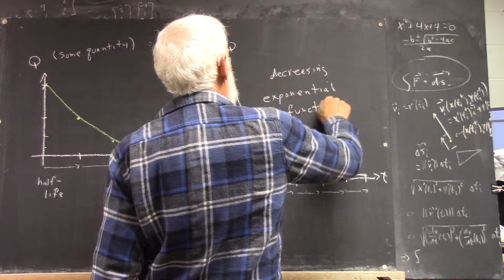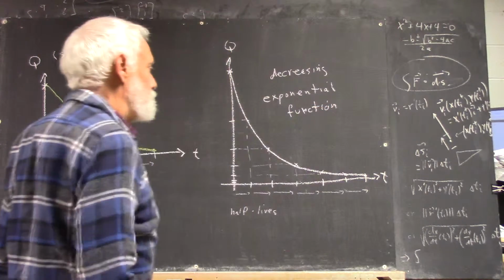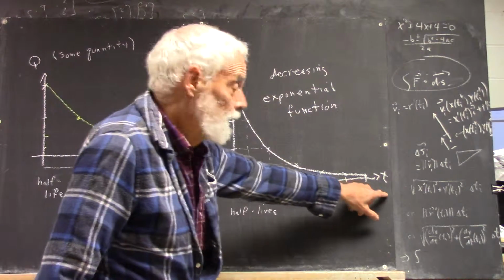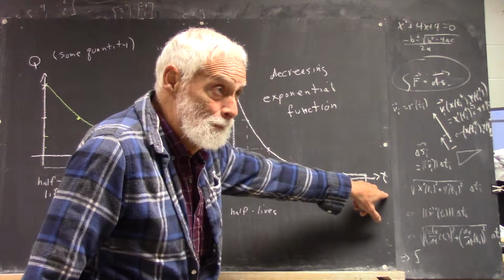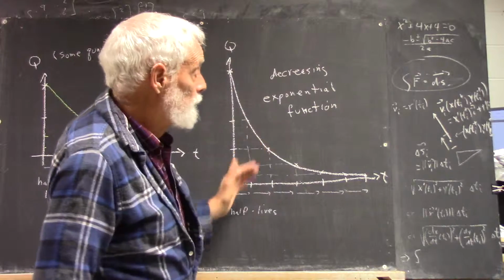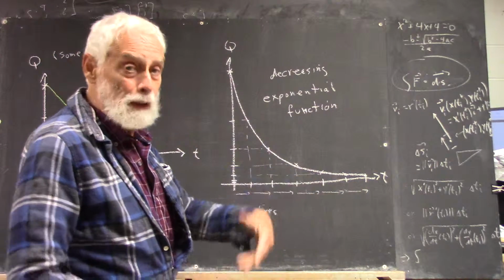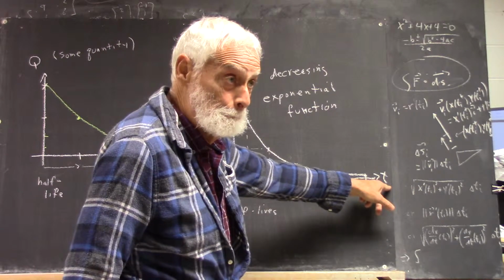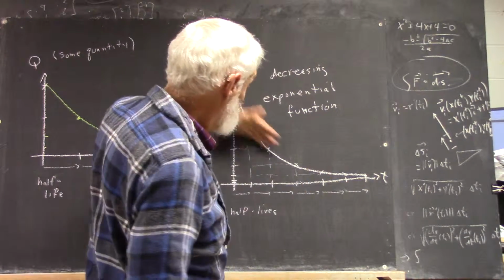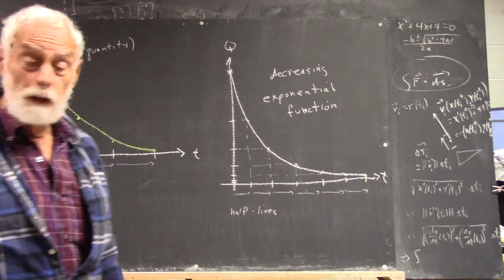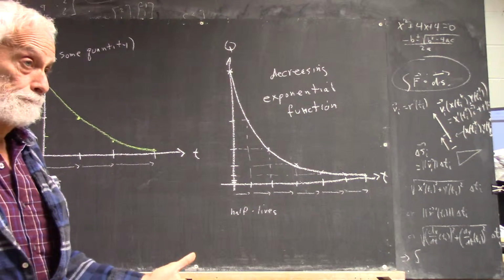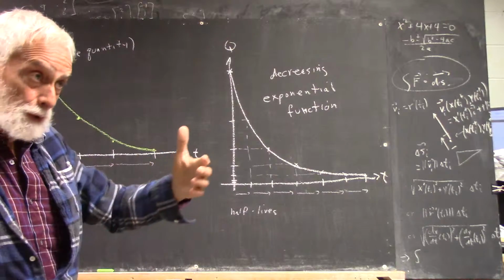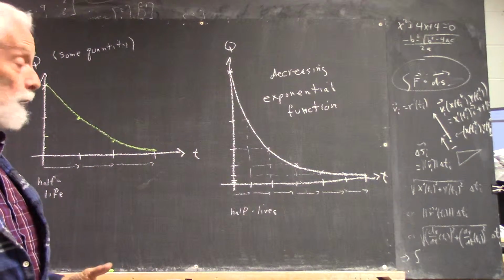And this could represent any decreasing exponential function, because I haven't said what Q means or what the half-life is, at least any decreasing exponential function of time. And if you have an exponential function of something else, just change the t to whatever that is. So that's how you can construct a graph of a decreasing exponential function. And that's all there is to it, if you want to sketch a reasonably accurate graph.